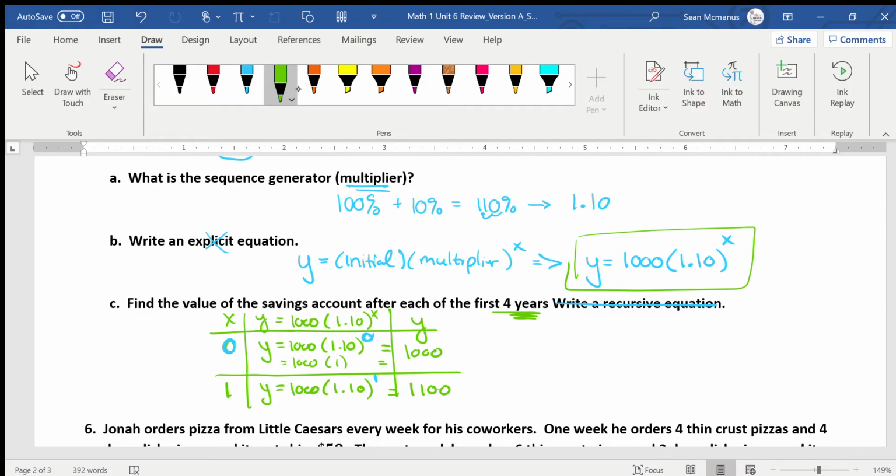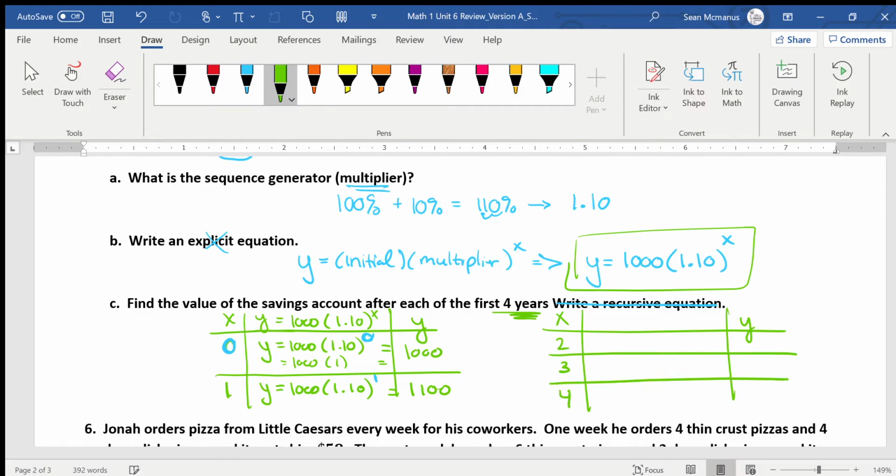Running out of space here, so I'm going to just do this again at year 2 and 3 and 4. We're really going to do the same exact thing every time. Y equals 1,000 times 1.10, and the exponent is the only thing that's going to change.